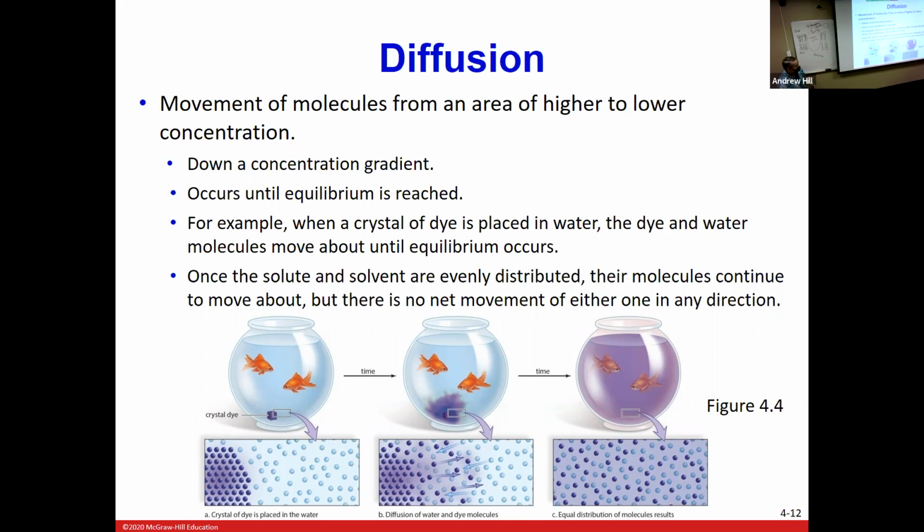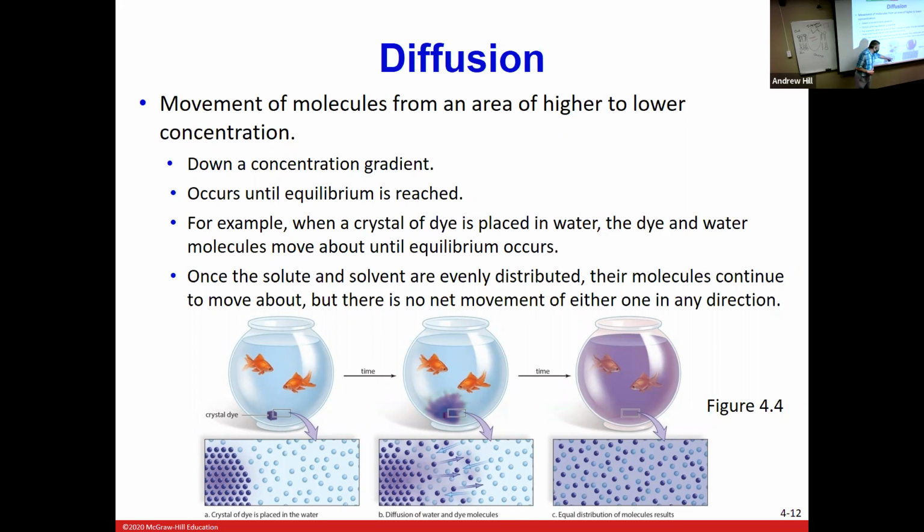But you can see the purple molecules are moving down their concentration gradient from an area of high concentration of purple molecules to an area of lower concentration. Eventually you get to the end where they're spread out evenly, right? Now, there's another point here though. What about the water molecules? In the very beginning, the water molecules have a high concentration away from the sugar cube, but they're at very low concentration inside the sugar cube.